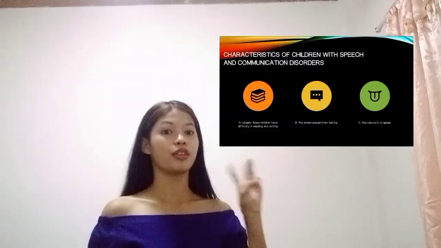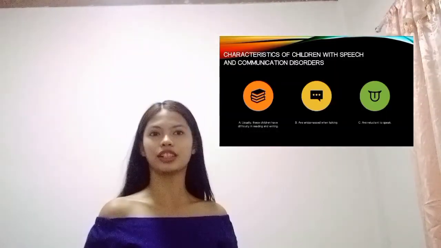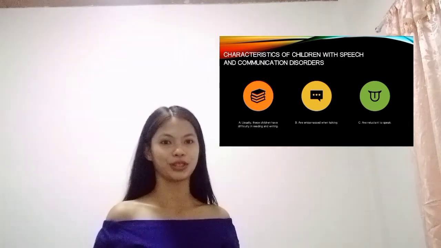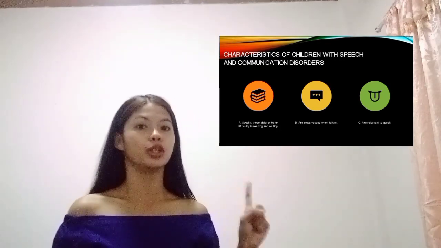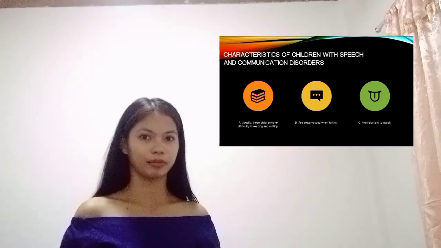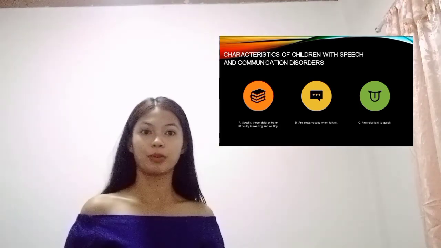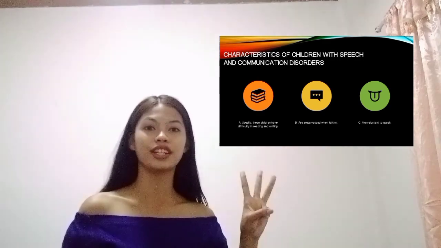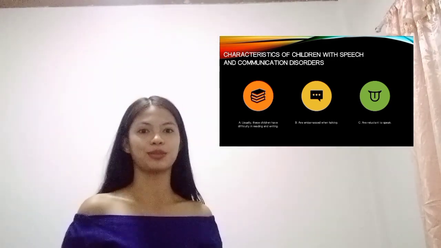We have here three characteristics of children with speech and communication disorders. First, usually, these children have difficulty in reading and writing. Second, they are embarrassed when talking. And third, they are reluctant to speak.